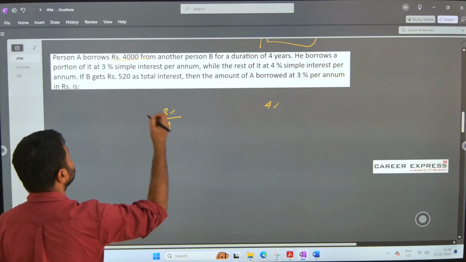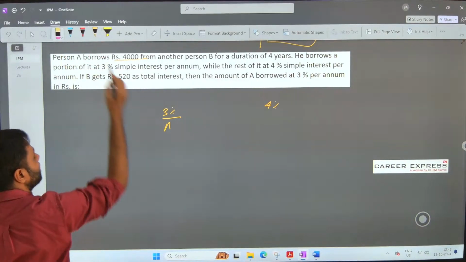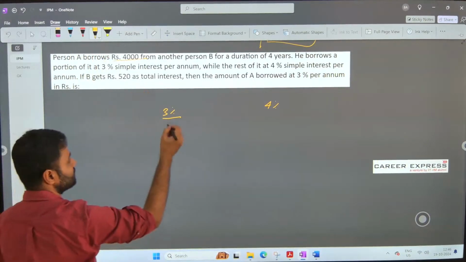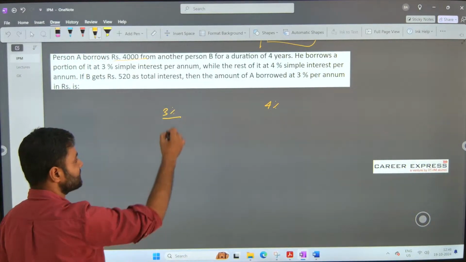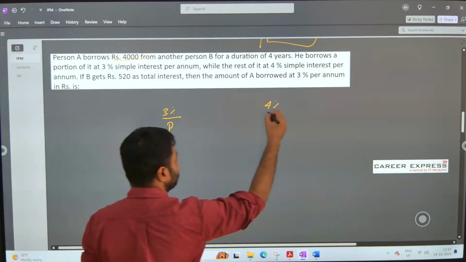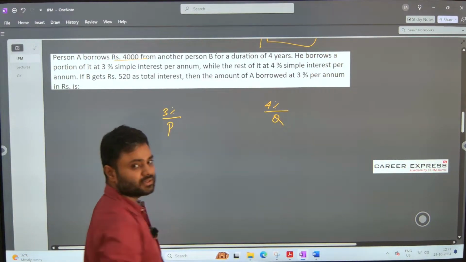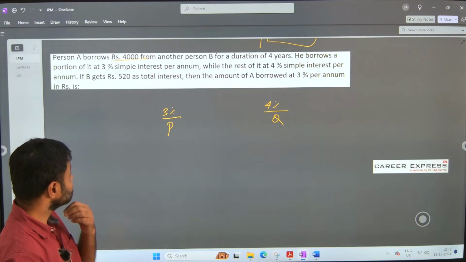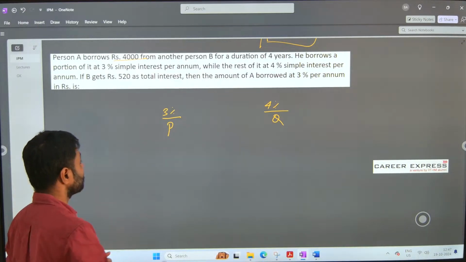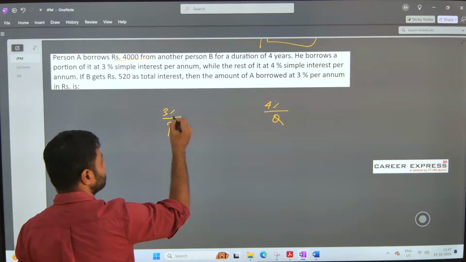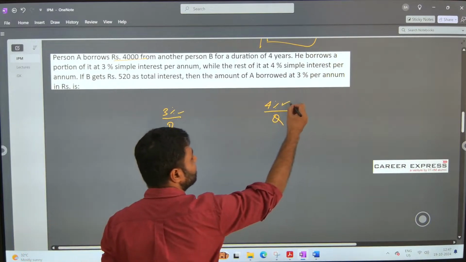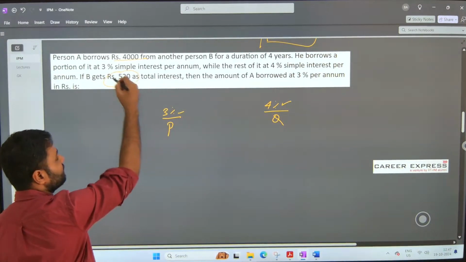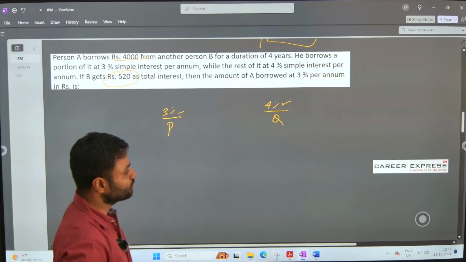Let us not assume A for the amount, because we already have the names of the persons as A and B. So the amount that was taken at 3%, let us say the amount is P, and the amount that was taken at 4%, let us say the amount is Q. Here the interest rate is 3%, here the interest rate is 4%, and the total interest that B gets is 520 rupees on 4,000 rupees.